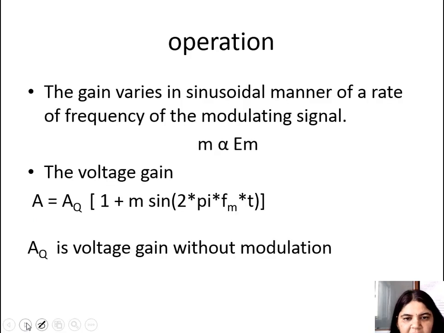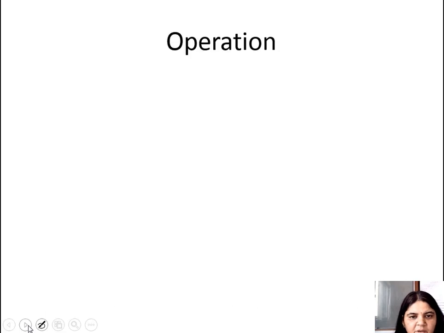The gain varies in a sinusoidal manner at the modulating frequency. The modulation index is proportional to Vm or Em. Voltage gain A is equal to AQ (1 + m sin 2π fm t), where AQ is the voltage gain without modulation, m is the modulation index, and fm is the modulating frequency of the AM wave.